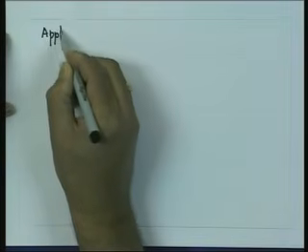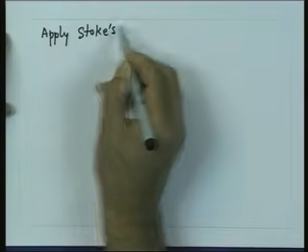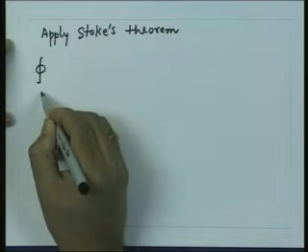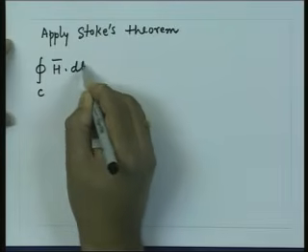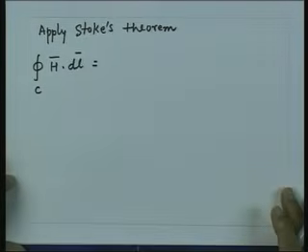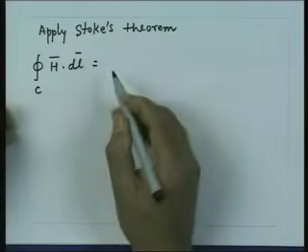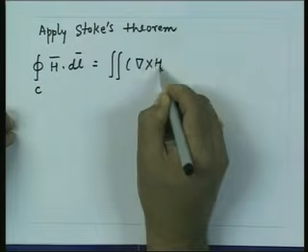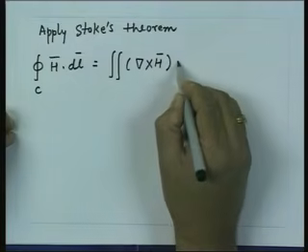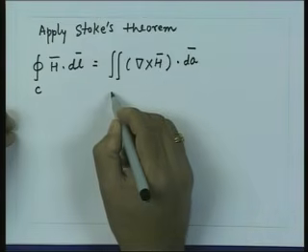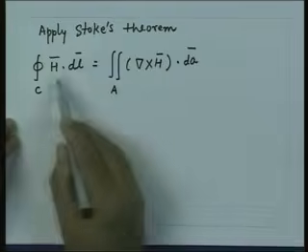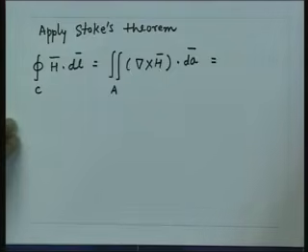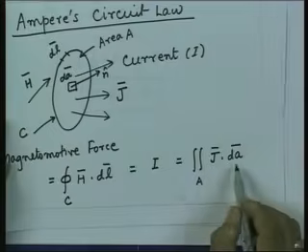If we apply Stokes theorem, the closed integral of H dot dl is equal to the double integral of del cross H dot dA over this area A. This is by the Stokes theorem, and that is equal to the total current enclosed, which is the integral of J dot dA.